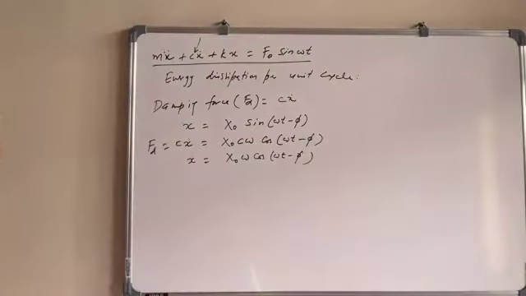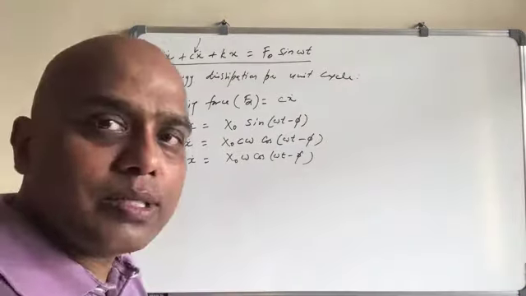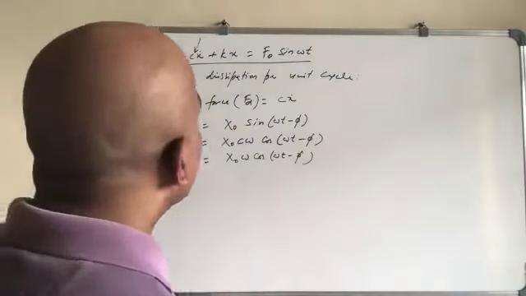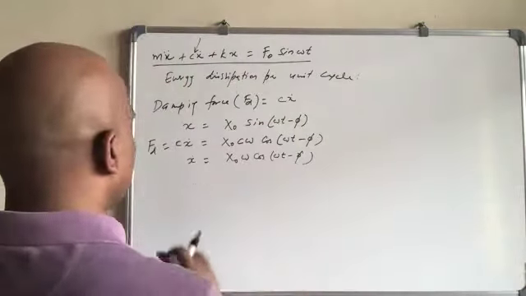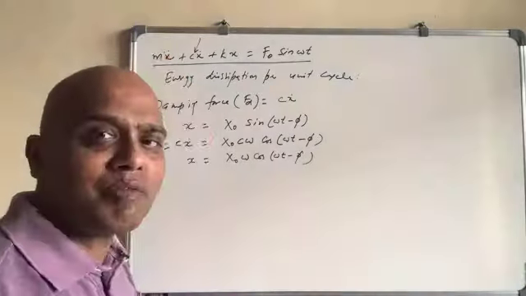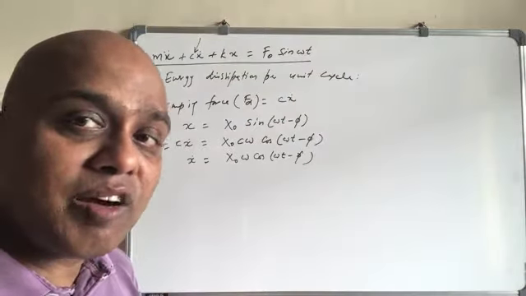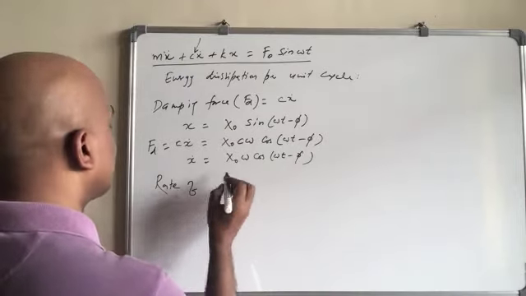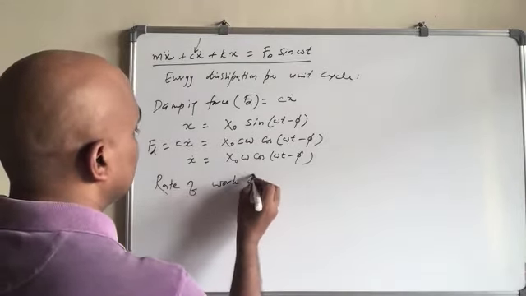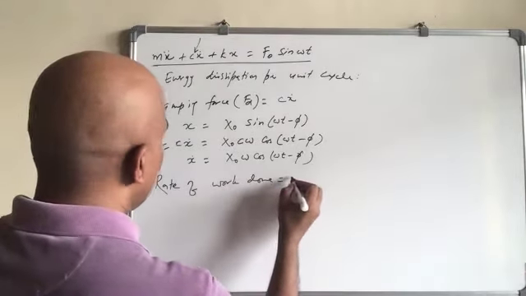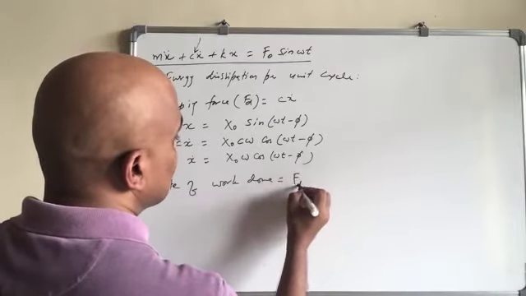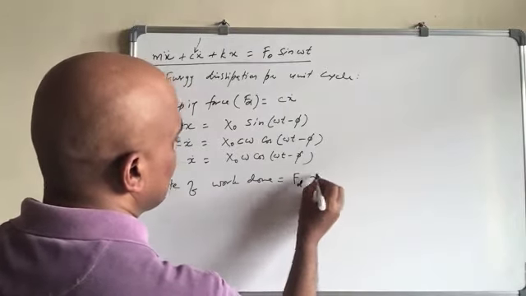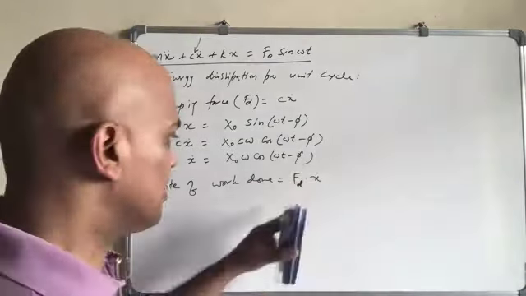Now we have to find out the work per unit cycle. First we have to find out the rate of work done. So rate of work done will be Fd times velocity, Fd times x dot.